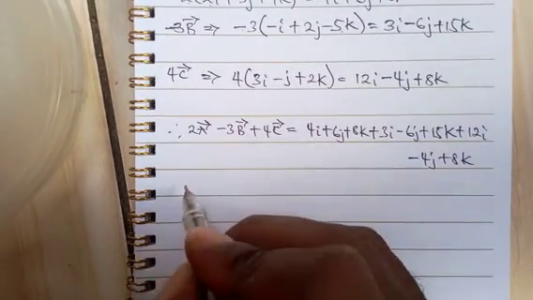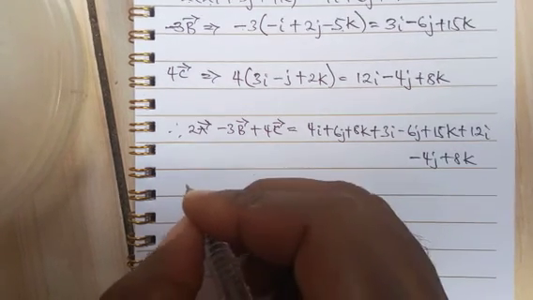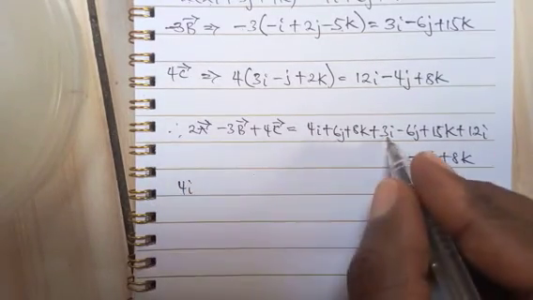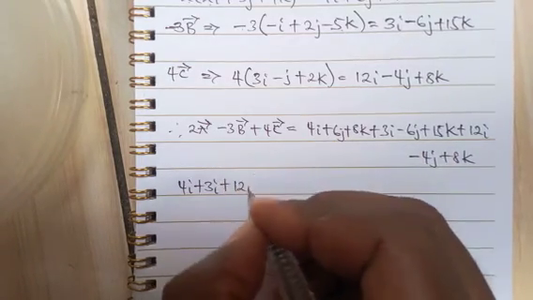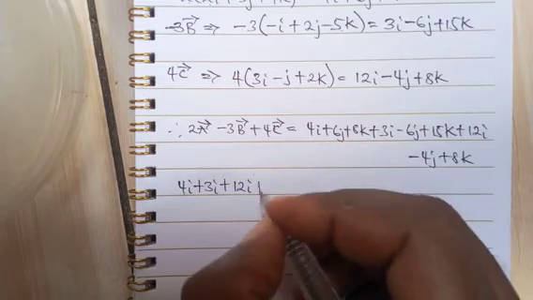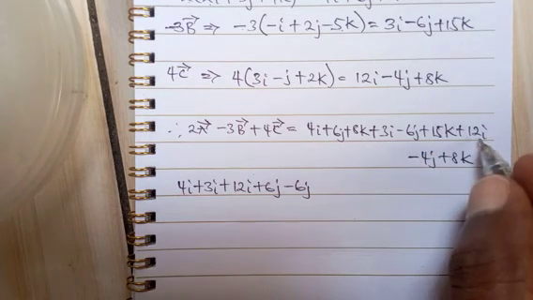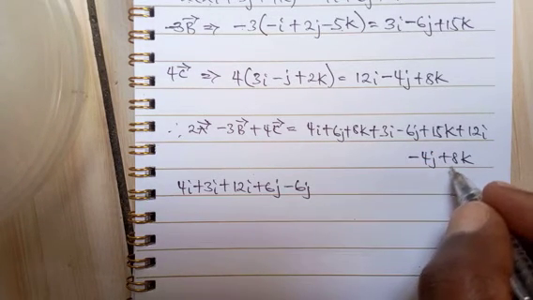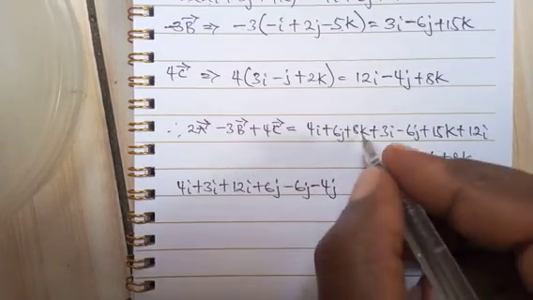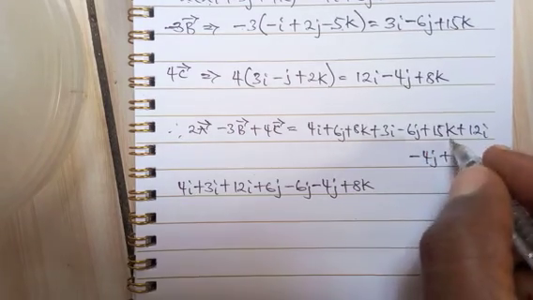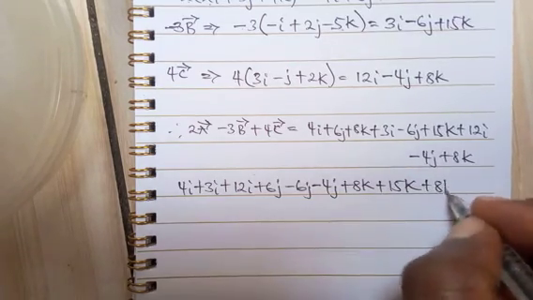So what we're going to now have is we just collect the like terms. We'll have 4i plus 3i plus 12i. After that, we go to j, plus 6j, minus 6j, minus 4j. Now, go to k, plus 8k, plus 15k, plus 8k.